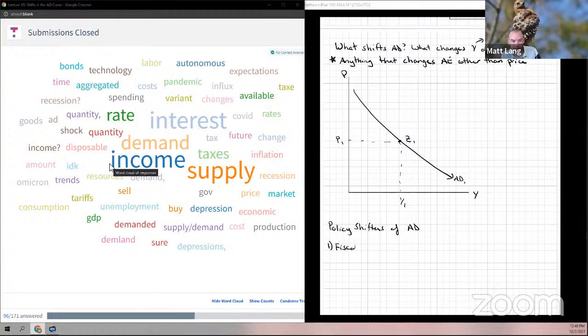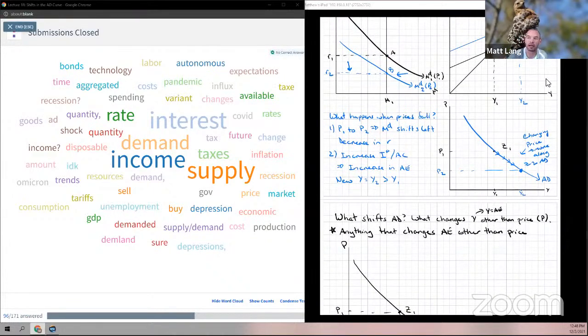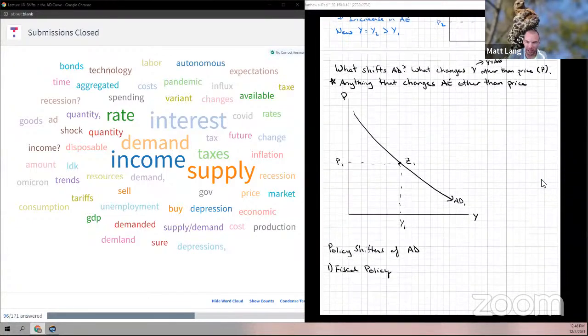And when you say P is price, what is Y in the aggregate demand curve? Y is that equilibrium income and GDP that we've thought about the entire year. That's going to be our Y, that all-encompassing Y.